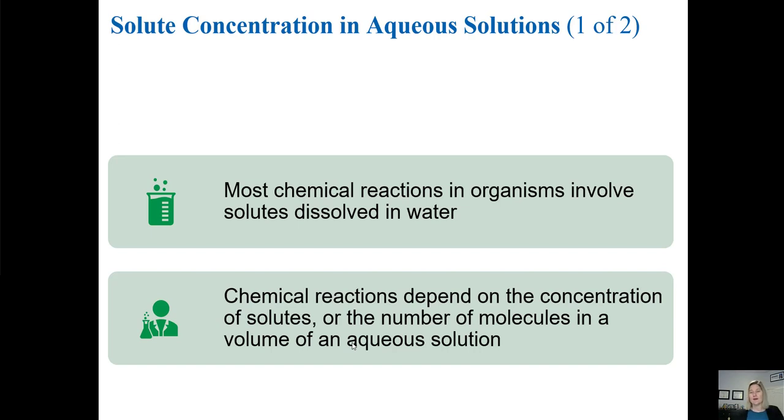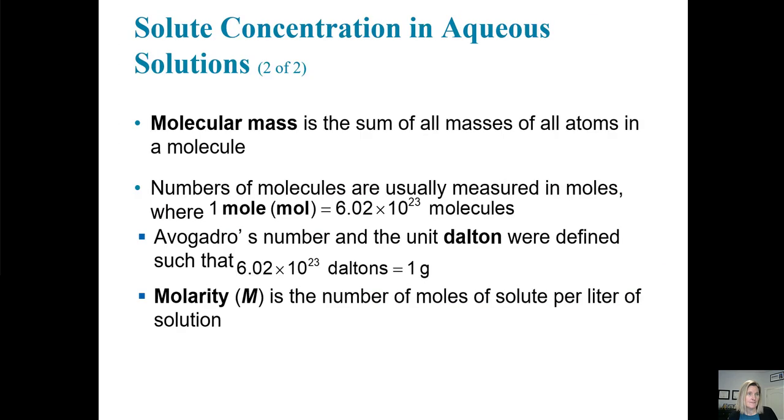So if we have something that has a high solute concentration, that means there are more molecules of that solute compared to the volume of the solution, or the amount of the dissolving agent, water. So that's going to play a key role in looking at solute concentrations in aqueous solutions.